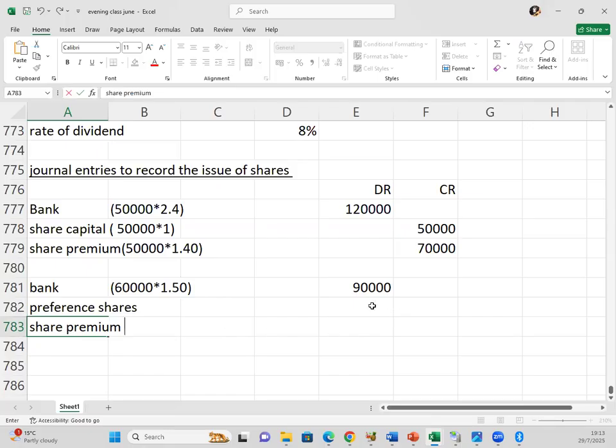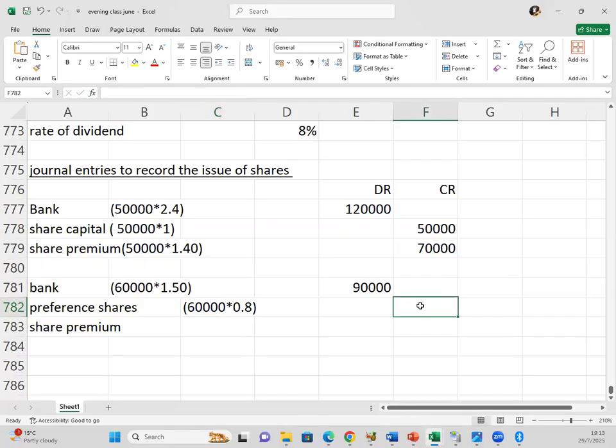For the share capital, you always take the par value. That's 60,000 times the par value of each share. The shares were said to be shares of 80 cents each, so you multiply by 80 cents: 60,000 times 80 cents.